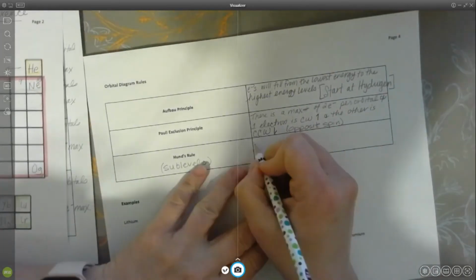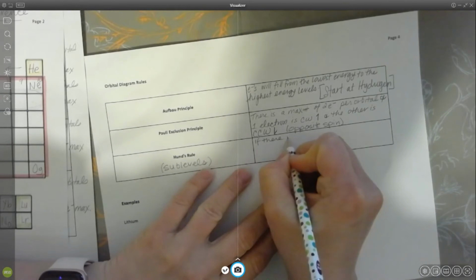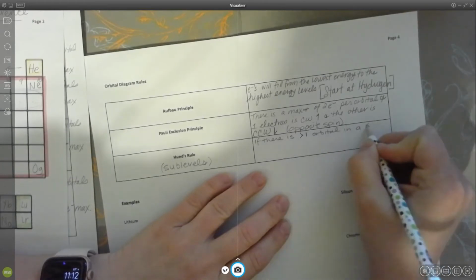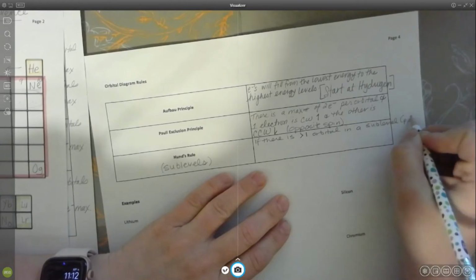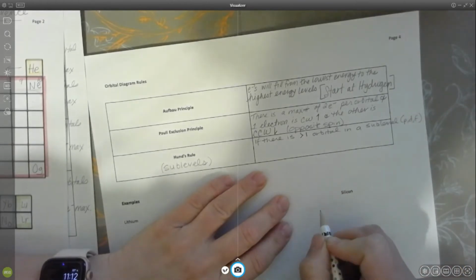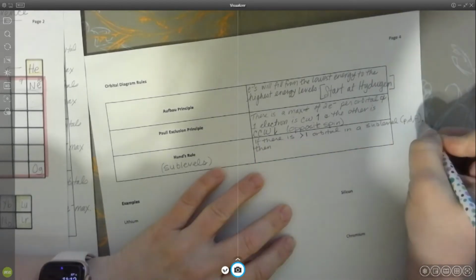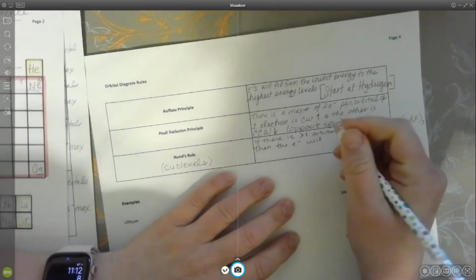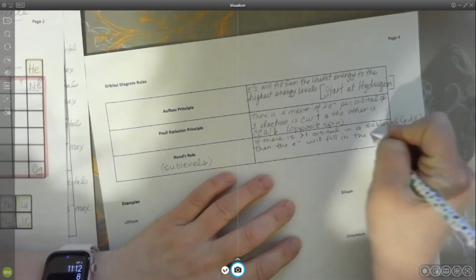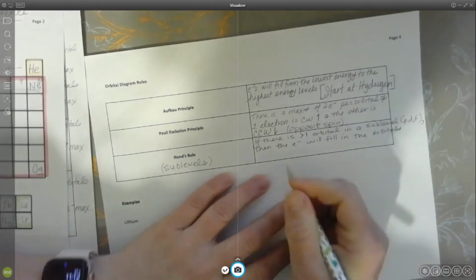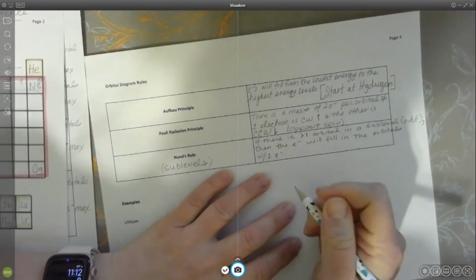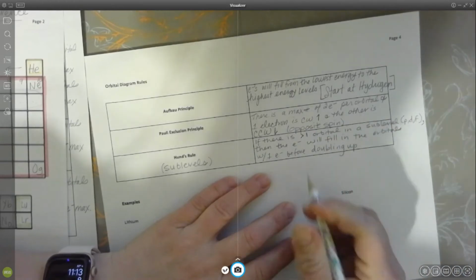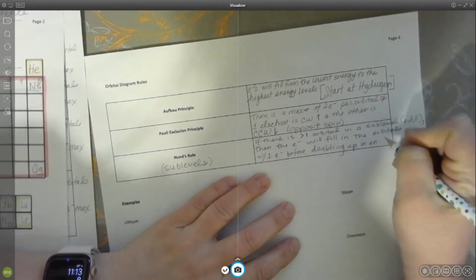The reason is, if there is greater than 1 orbital in a sublevel, aka P, D, or F, then the electrons will fill in the orbitals with 1 electron before doubling up in an orbital.